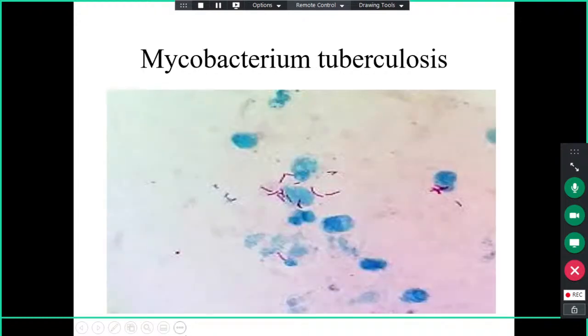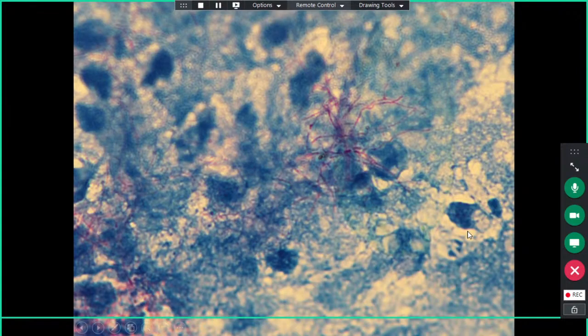And Mycobacteria, I said in ZN, there will be very few acid fast structures you can see. This is Nocardia from brain masses, so you can see the branching filaments, acid fast. This is done by the modified acid fast.